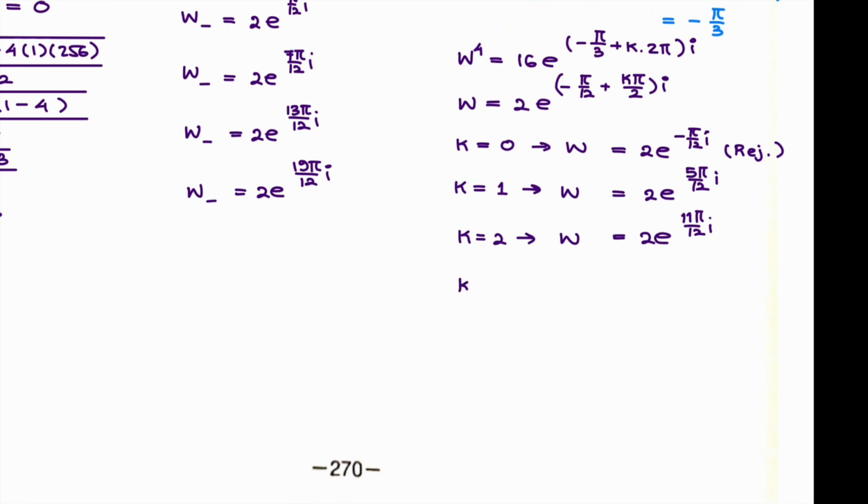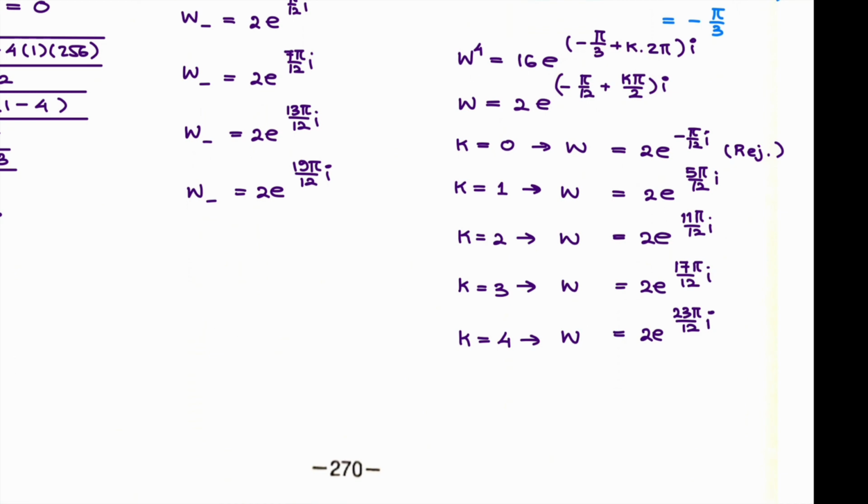And then k equals 3. W equals 2e to the power of 17 pi over 12 i. And then k equals 4, you will obtain 2e to the power of 23 pi over 12 i.